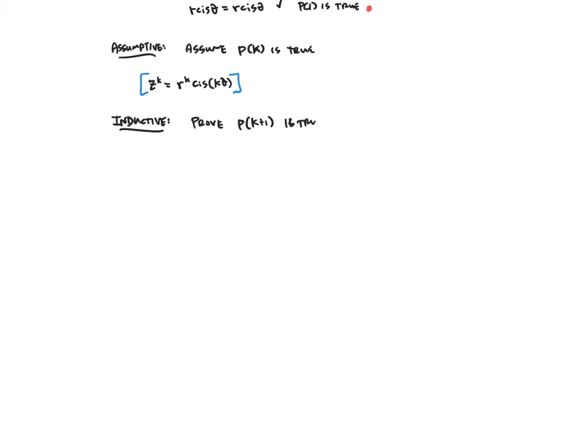That the next term for this statement will always be true. Some poor handwriting there. Let me erase that. There we go. Let's try that again. Much better. All right, so let's write this out. Based on the inductive step, we are trying to prove the following.